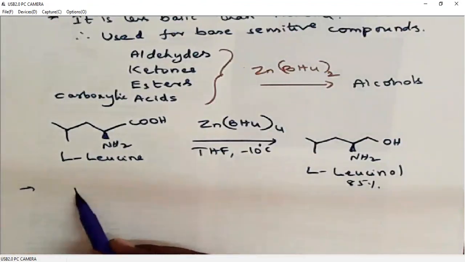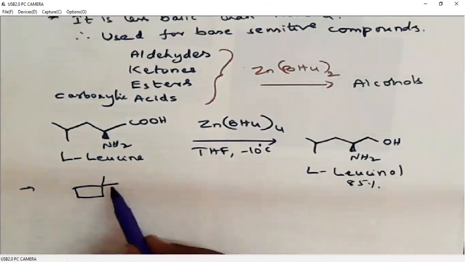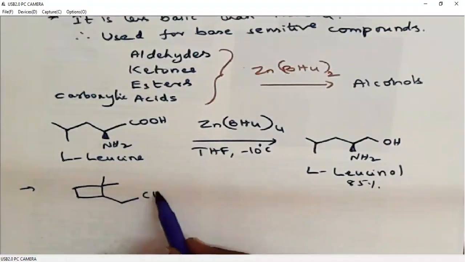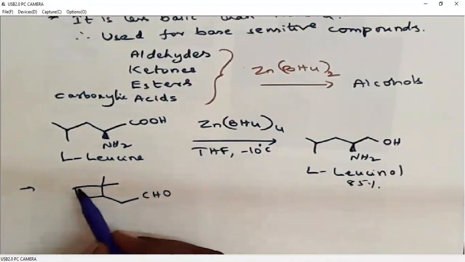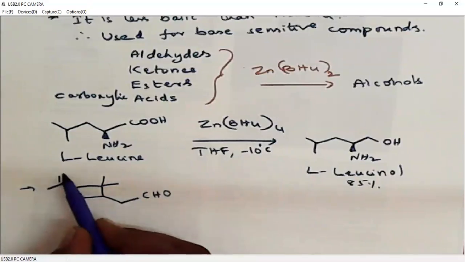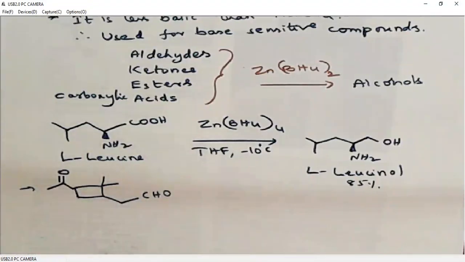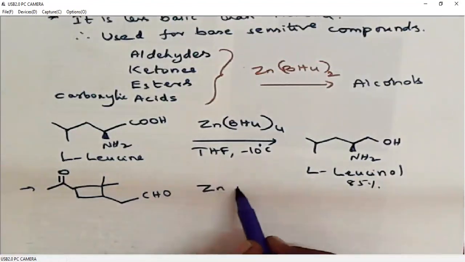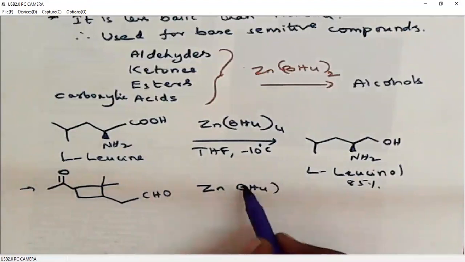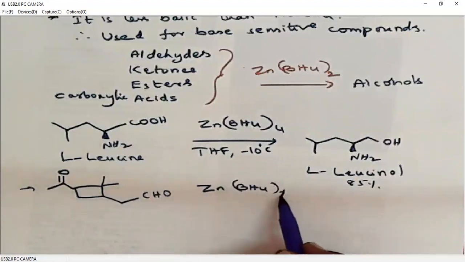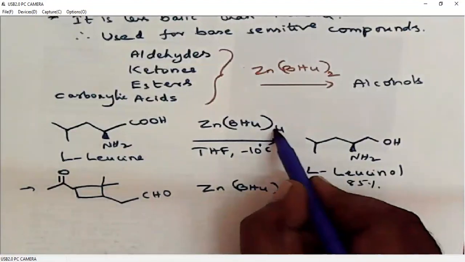In the next example, we can also differentiate aldehydes and ketones when we use appropriate amounts of zinc borohydride. Aldehydes and ketones will undergo reduction with zinc borohydride, but when we use appropriate amounts, that means, this is 2, right?